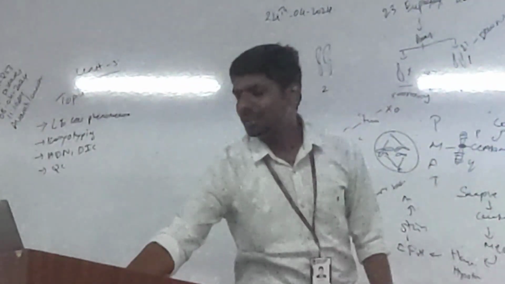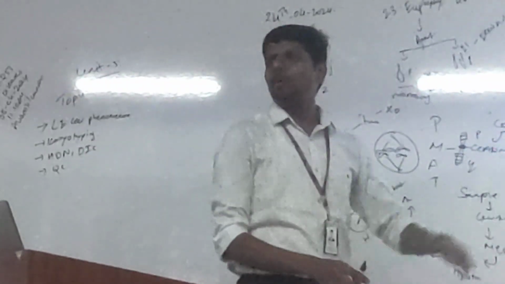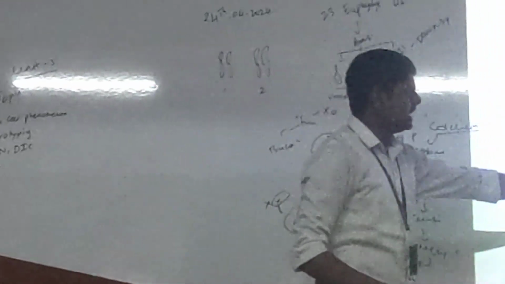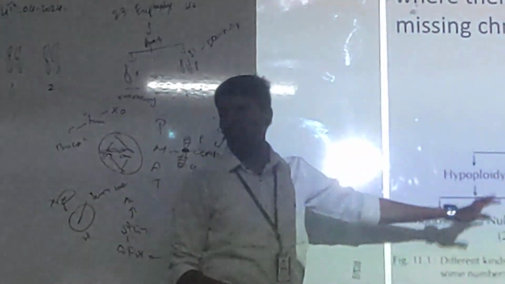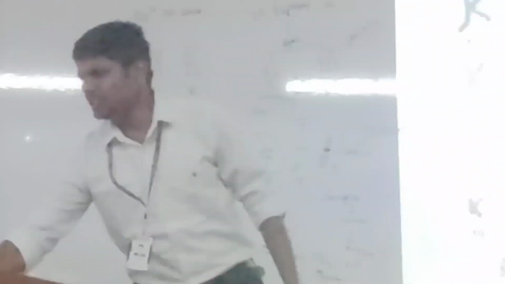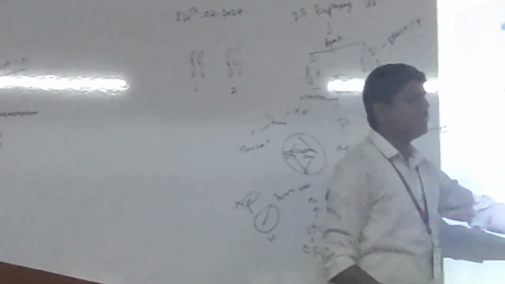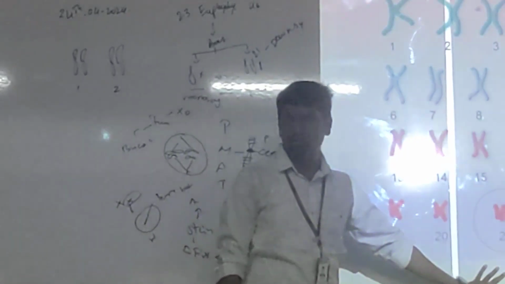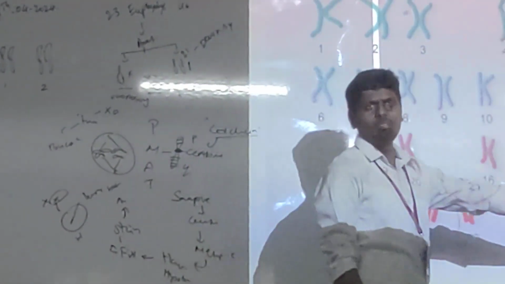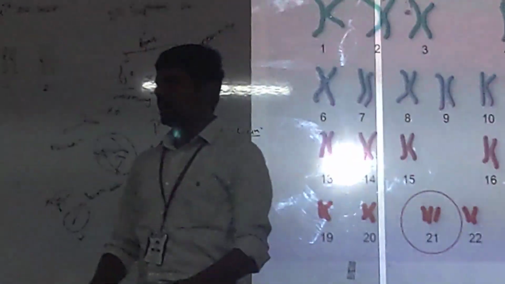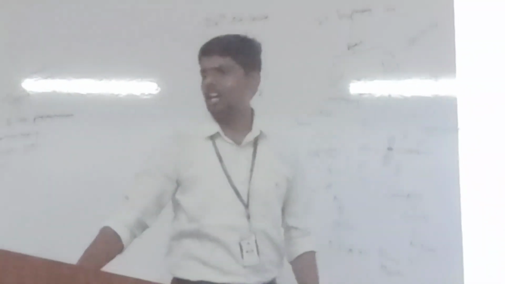So coming to aneuploidy and polyploidy, trisomy of 21 is seen in Down syndrome, whereas absence of one chromosome is seen in Turner syndrome. Then I have discussed non-disjunction.